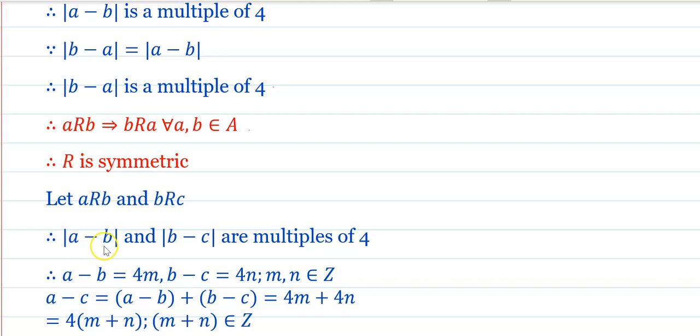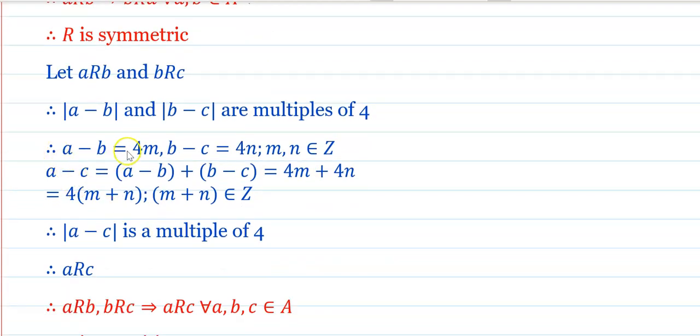Next is aRb and bRc. That is, a minus b and b minus c are multiples of 4. Okay. a minus b is equal to 4m, b minus c is equal to 4n, where m, n belongs to Z. a minus c is equal to a minus b plus b minus c.